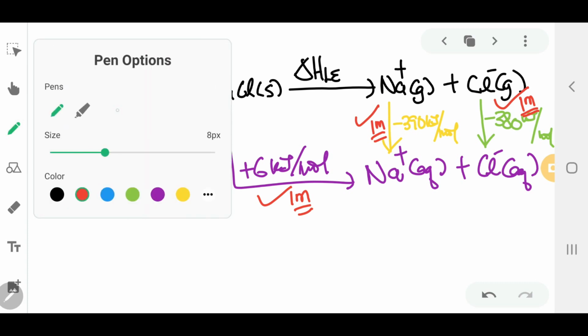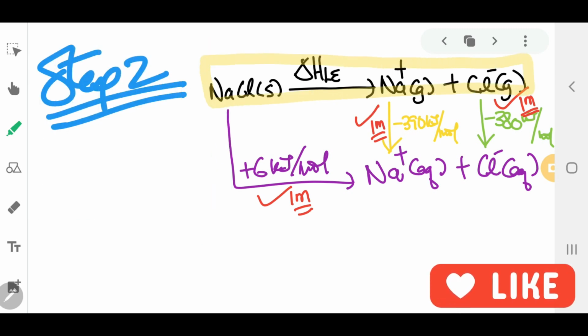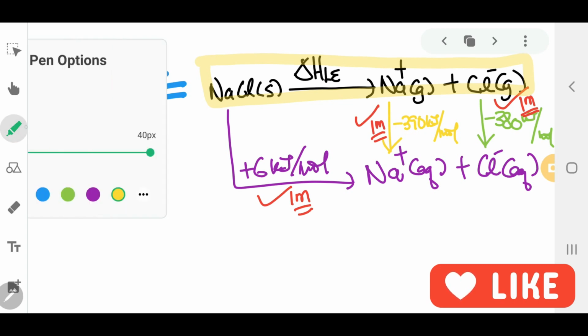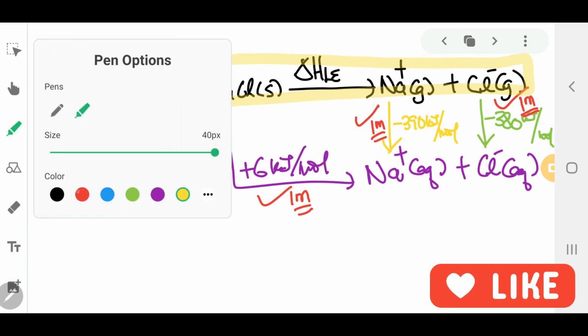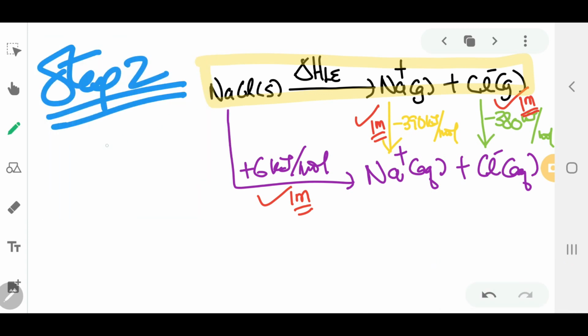So, in a way, what you have right here, that is the target equation, like what we have done in the previous Hess's law exercises. So that is the target that we want to get. And we should be able to find that.